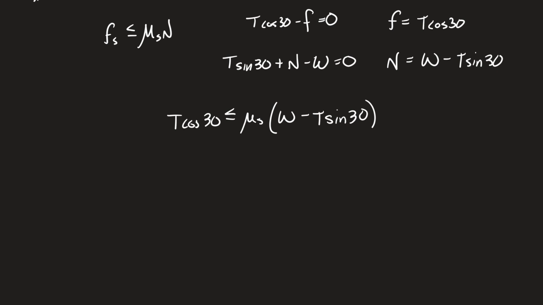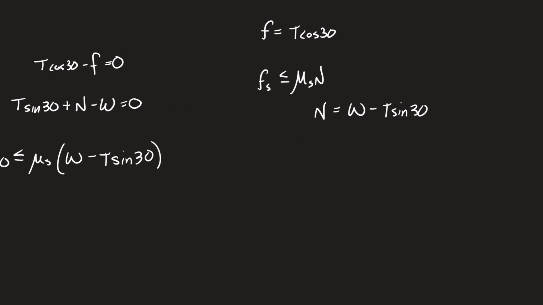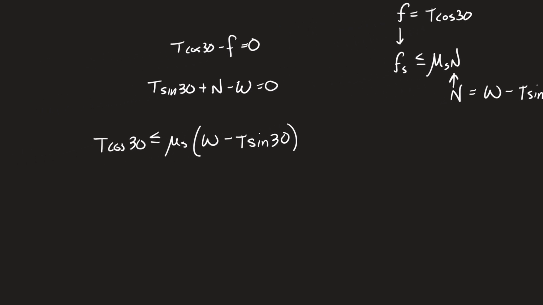I have a few folks I know are still full-blown lost, so let's look over here real quick. I'm taking this, substituting in for normal, and this substituting in for friction. This preserves my inequality and gives me something I can solve for T.